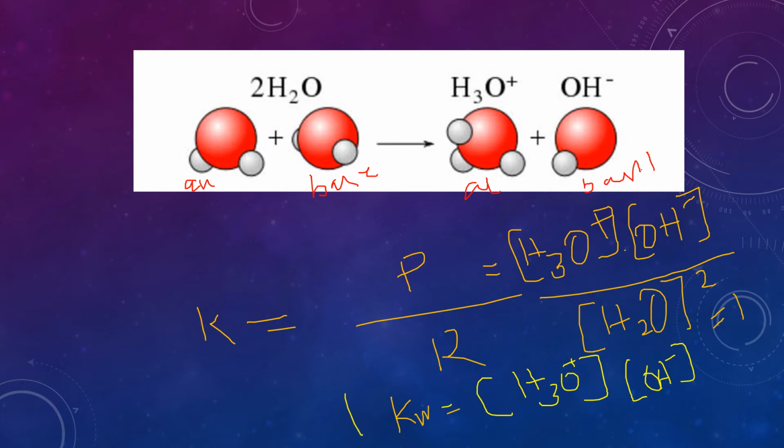This is the dissociation constant of water. Then Kw is represented as the ionic product of water, or the dissociation constant of water.